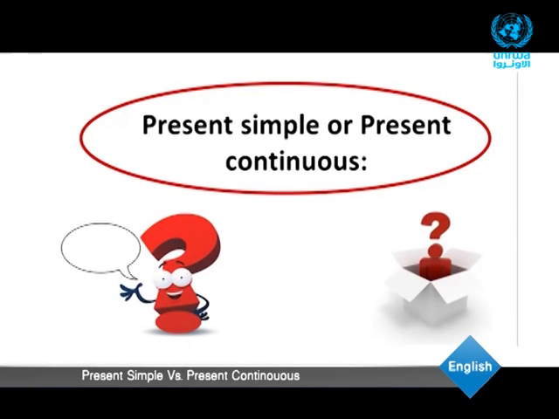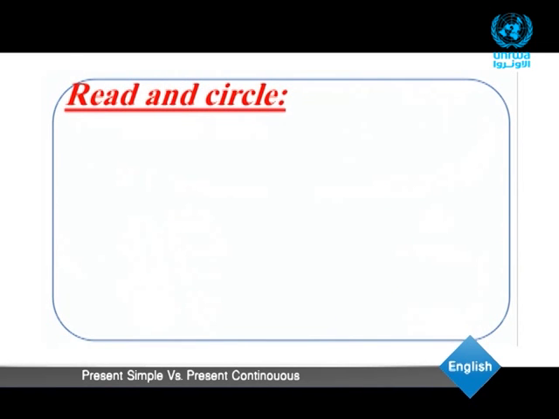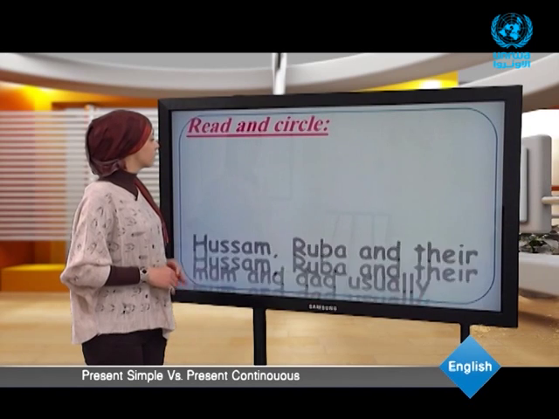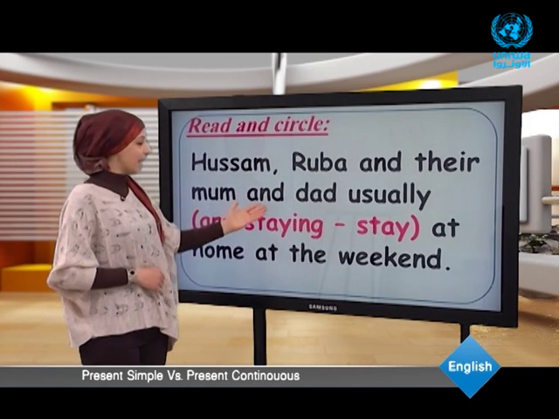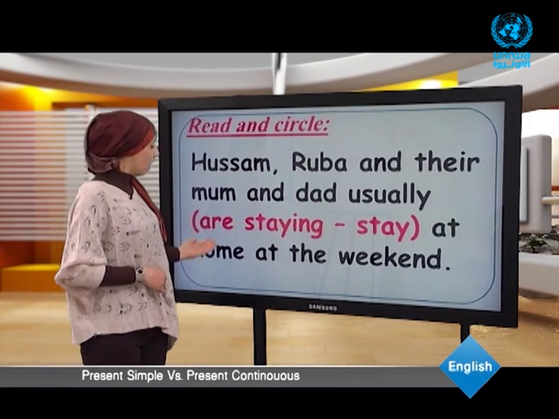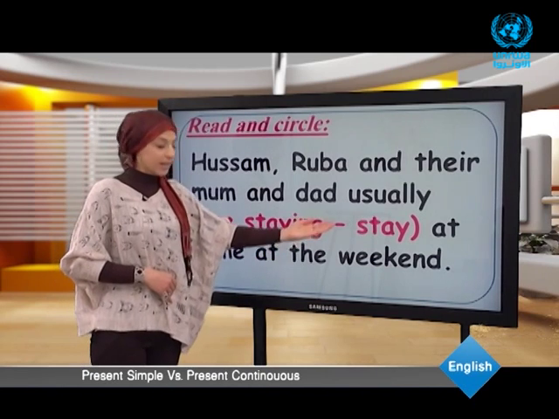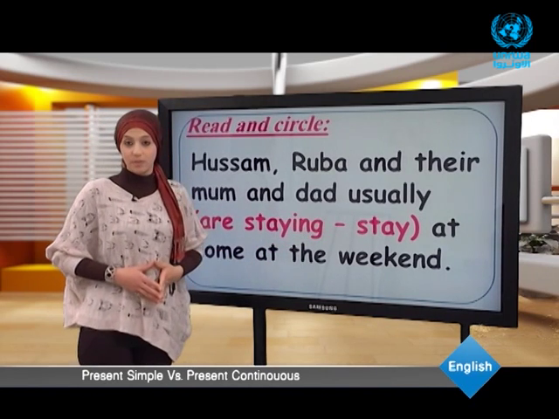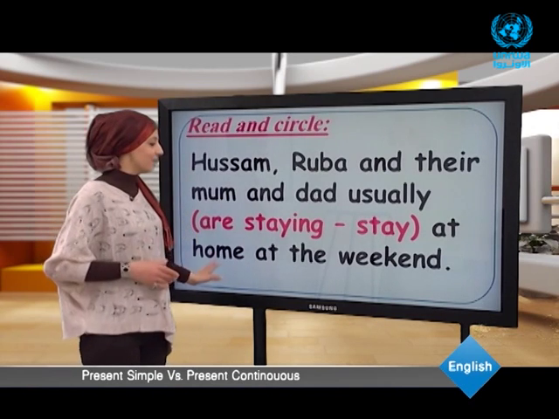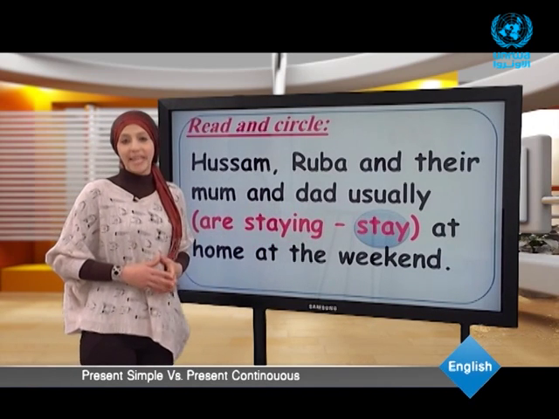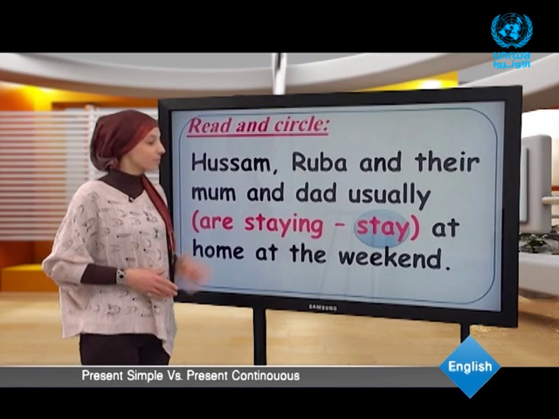Present simple or present continuous. Read and circle. Hussam, Ruba, and their mom and dad usually are stay at home at the weekend. What is the correct choice? Yes, very good. Usually stay. Let's read it again.